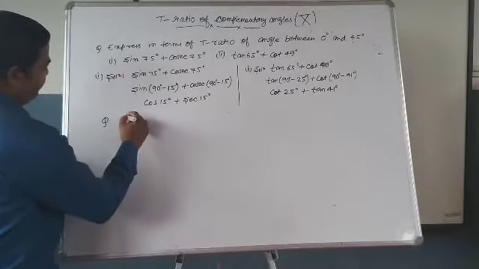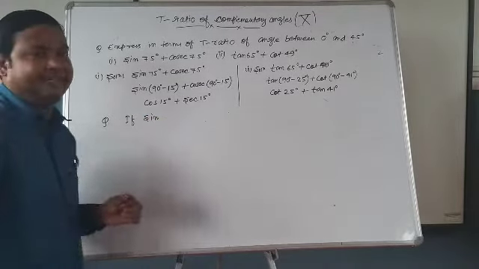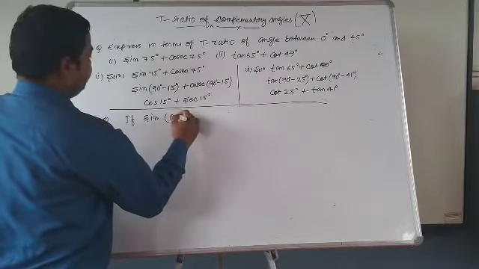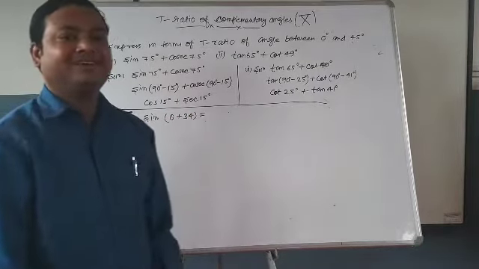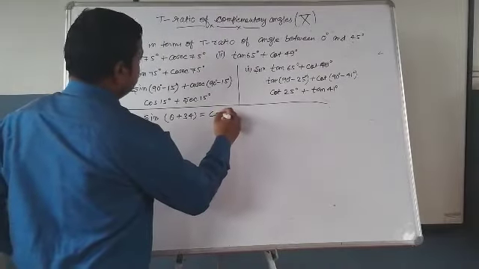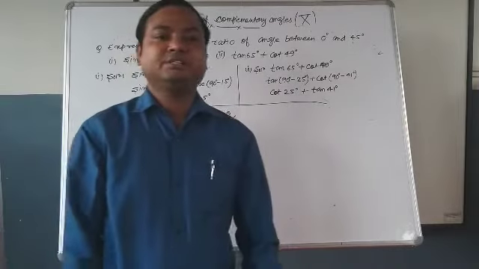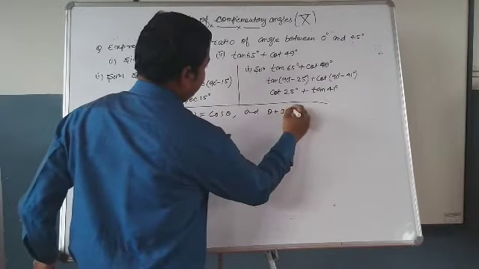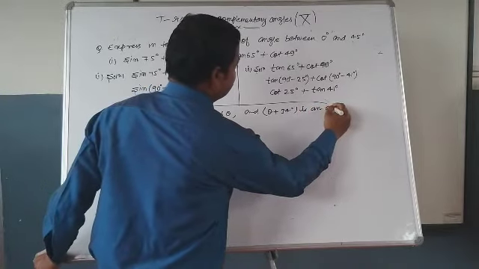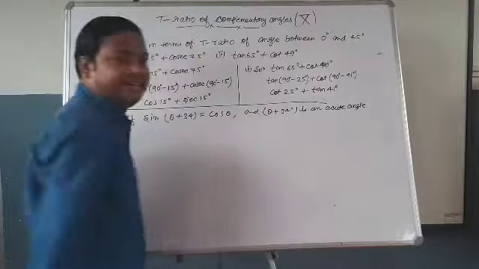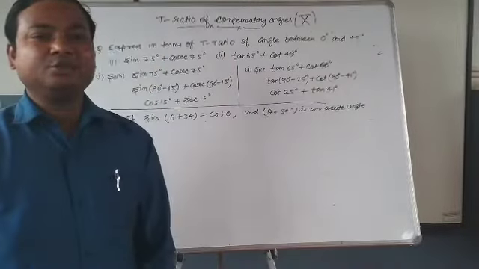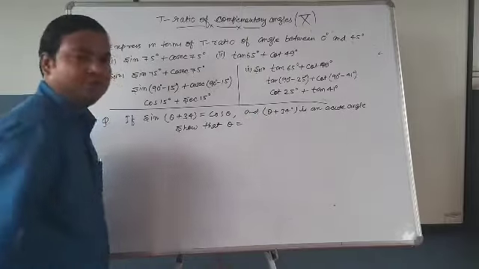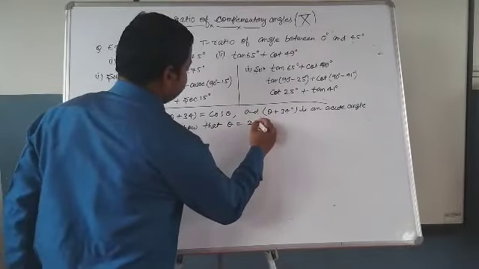If sin (theta plus 34) equals cos theta, and theta plus 34 degrees is an acute angle, then show that theta equals 28 degrees.